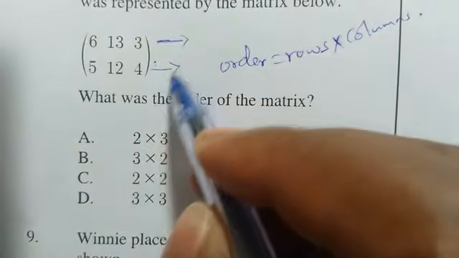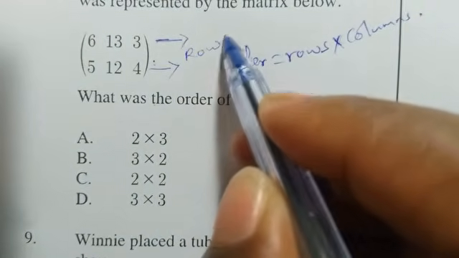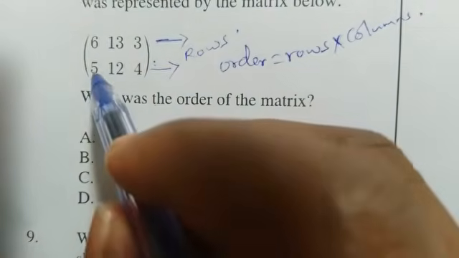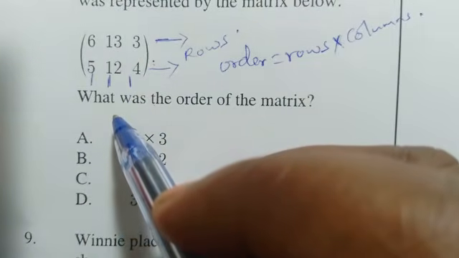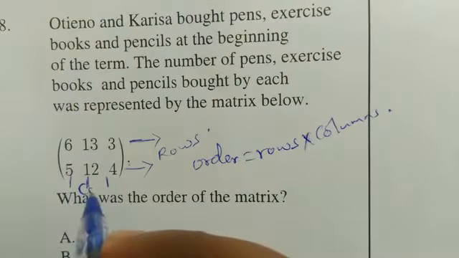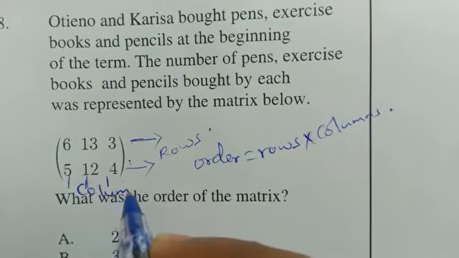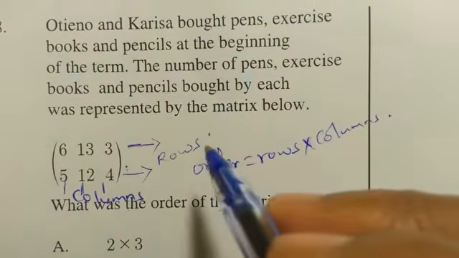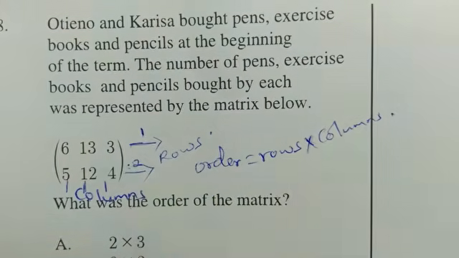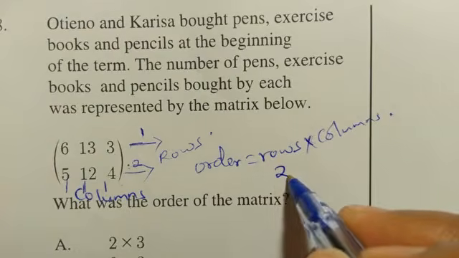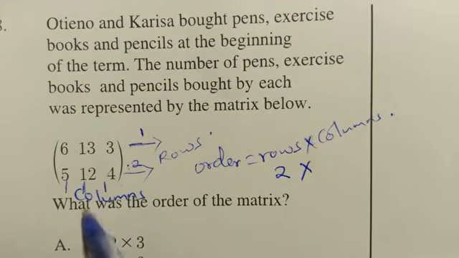So we have these as our rows, and then we have these as our columns. So how many rows do we have? We have 1, 2. So we have 2 by how many columns do we have?